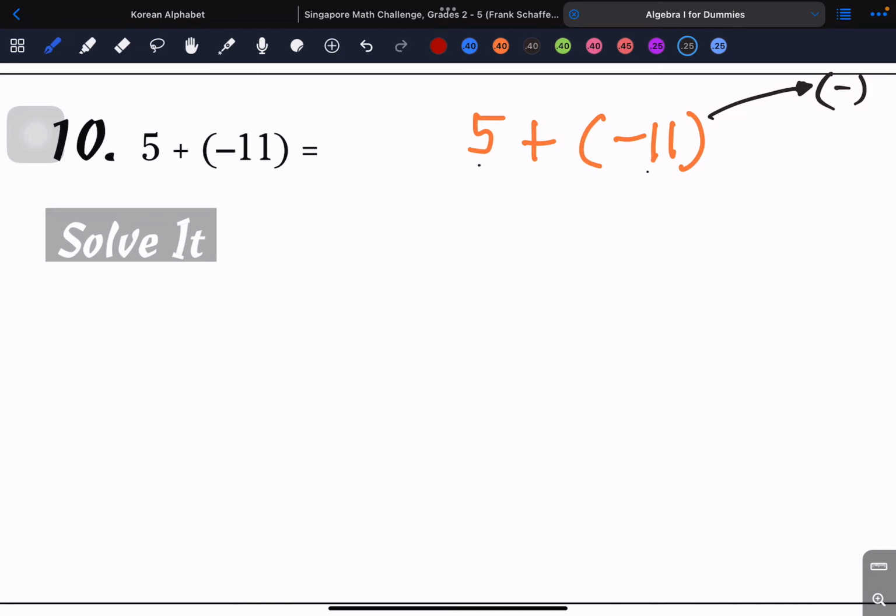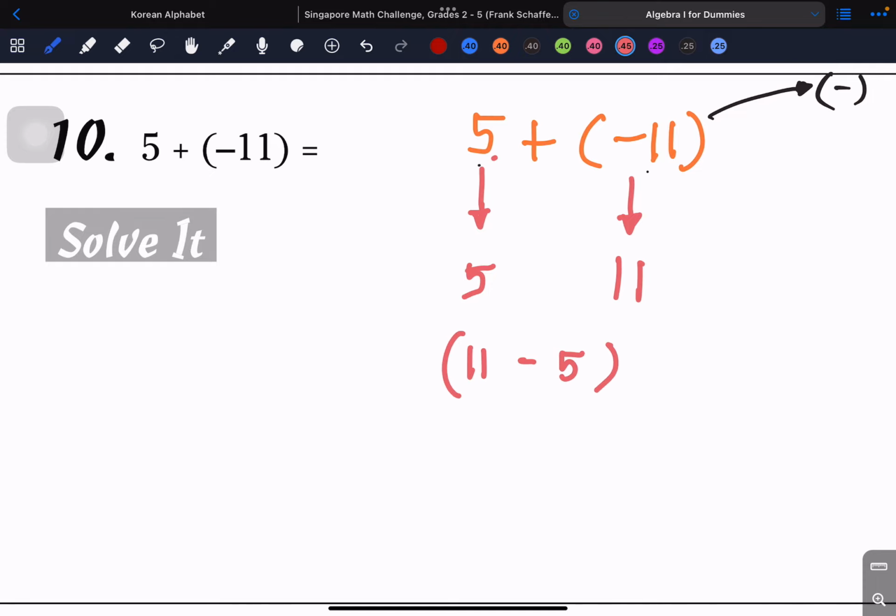Ngayon, let's get the absolute value of these two numbers. Absolute value ng 5 ay 5. Absolute value ng negative 11 ay 11. Ang rule ay ipag-subtract natin ang malaki sa maliit. So, 11 minus 5.